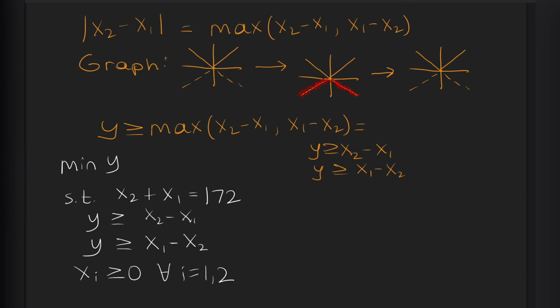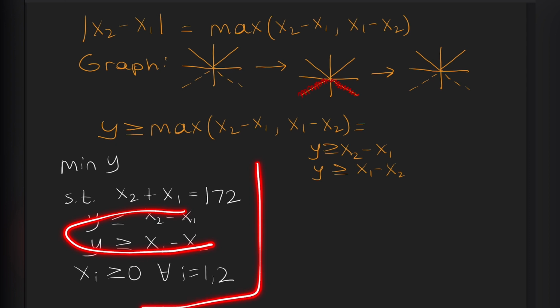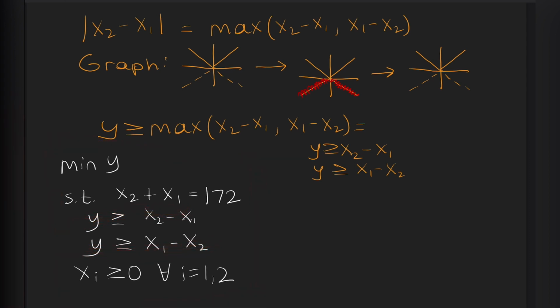And now, if you notice, there's no absolute value sign in this formulation. There are simply equalities and inequalities. And yeah, this formulation right here is the same thing as if you just minimize the absolute value of x2 minus x1.